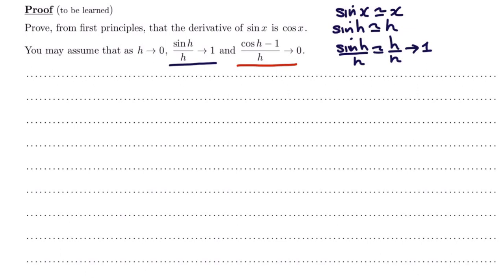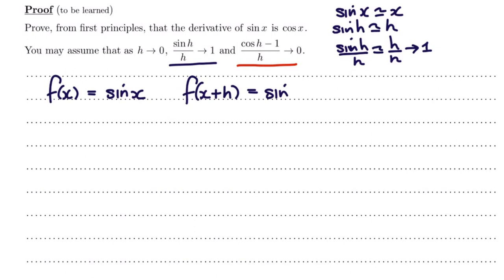So we're going to use first principles. Now, if you remember, the first principles formula is in the formula book. I'm going to write it down in a minute. We need two things. We need f of x, the function that we are differentiating, which is sine x. We also need f of x plus h.